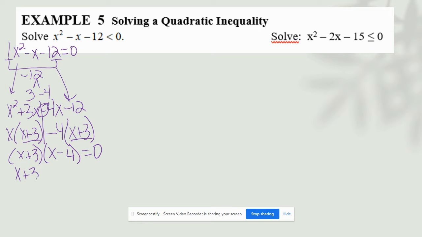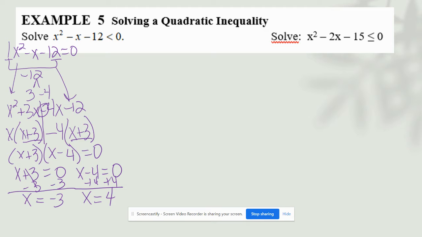Solve for x. We would subtract 3. x is equal to negative 3. Add 4. And x is equal to positive 4.